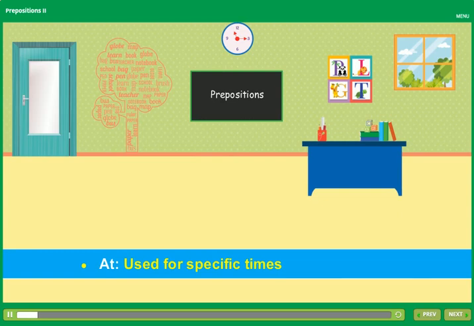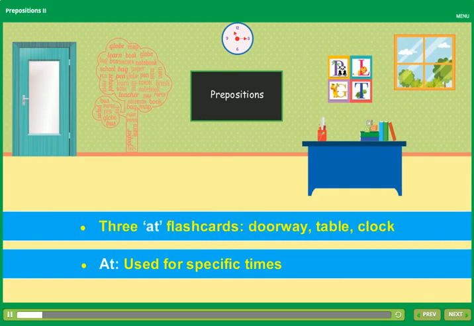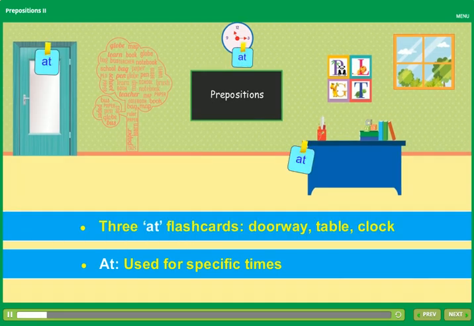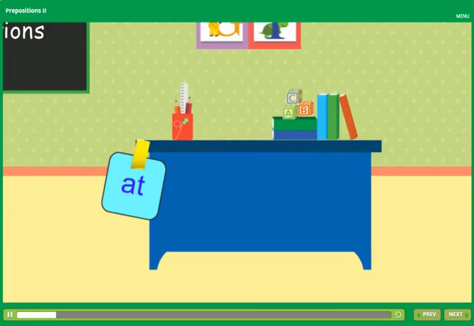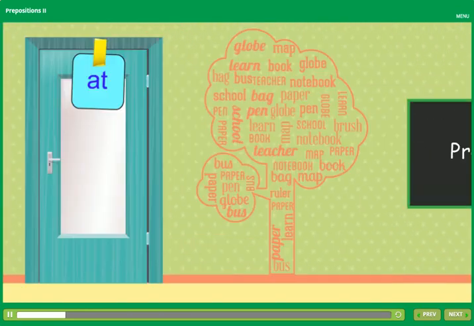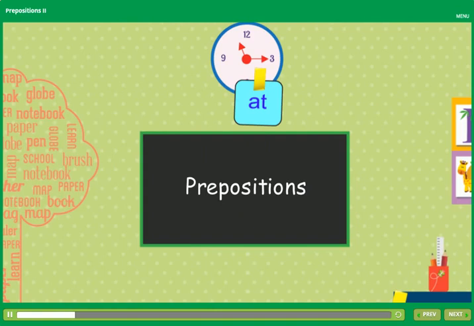Before your lesson, make at least 3 flashcards with the word at. Tape 1 flashcard on the side of your table, 1 on top of the doorway, and 1 on the clock in your classroom.